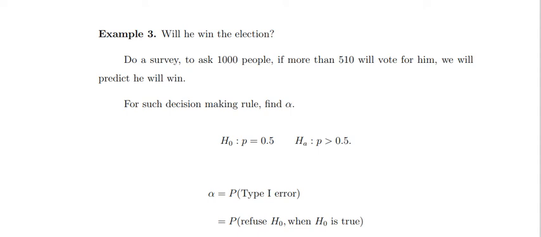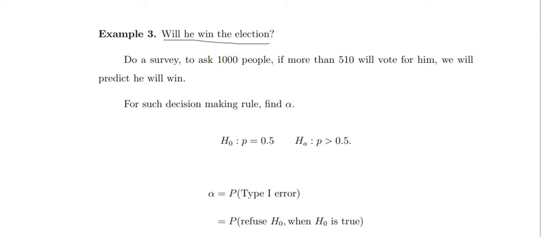So let's consider this problem. We want to check whether this guy will win the election, or whether we can predict this guy will lose the election. So our decision making rule is just like that.